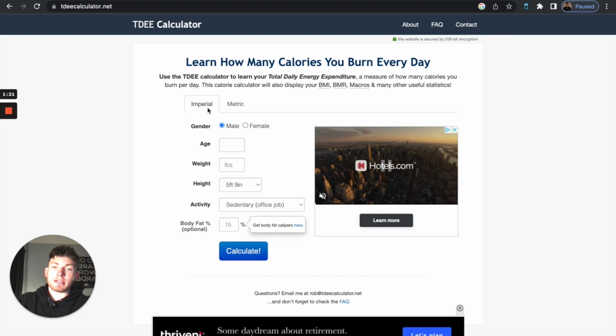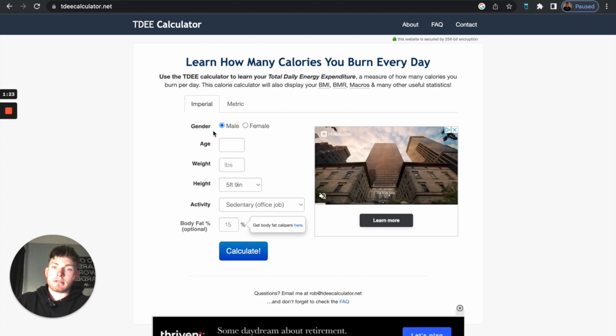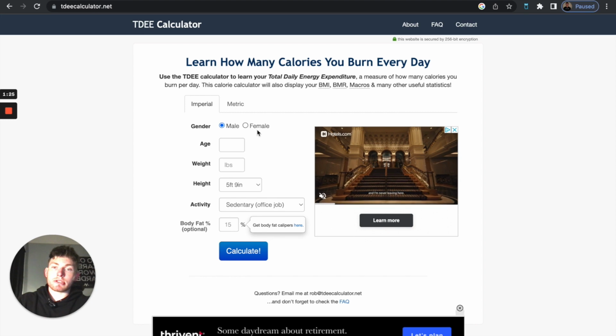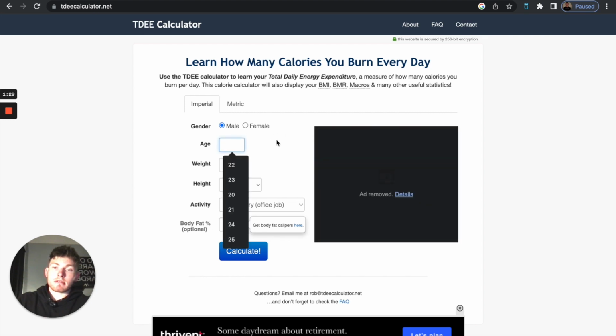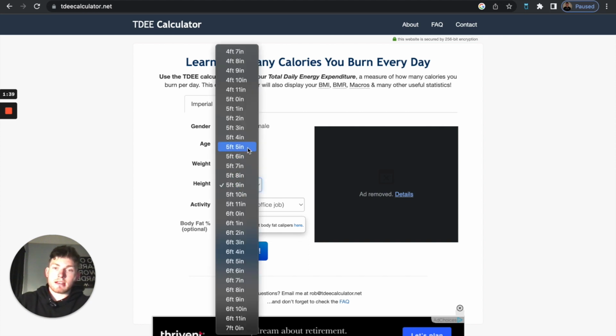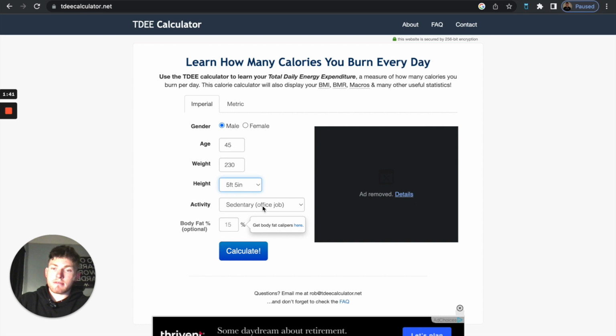And you're just going to leave it at imperial, and then you're going to choose your gender, male or female, age. So I'm just going to make this up. So let's do a 45-year-old that weighs 230 pounds and is 5'5".